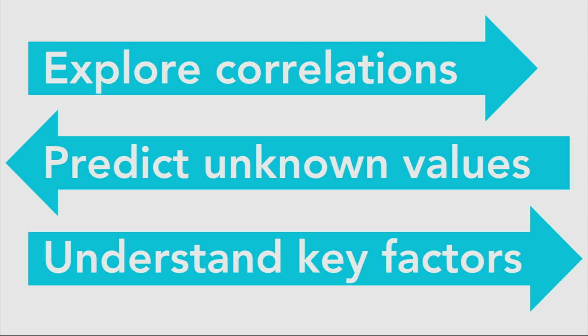Even when we can't say that one variable changing causes the other variable to change, if we know that they change together and we need to make a prediction, we might be able to use one variable's values to predict the other. And then we can understand key factors, so we can understand things that may or may not cause a unit of change in one variable.